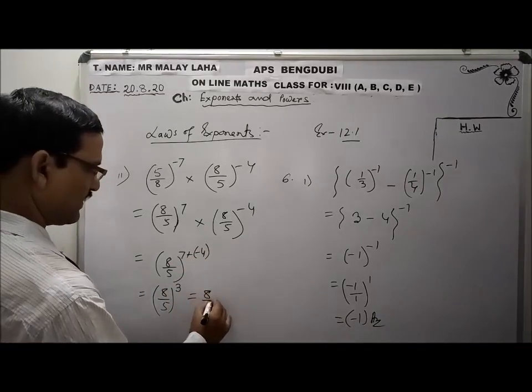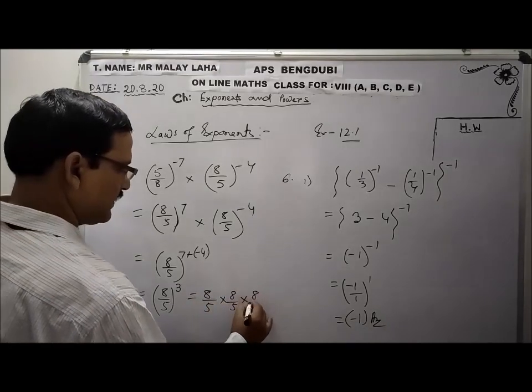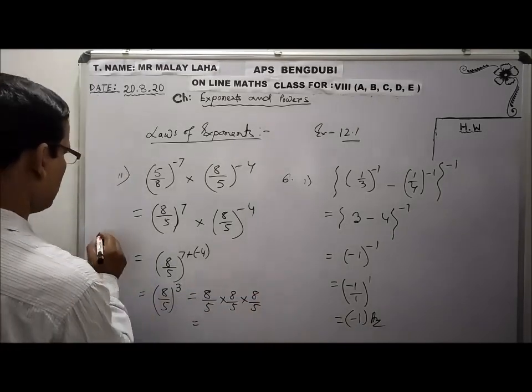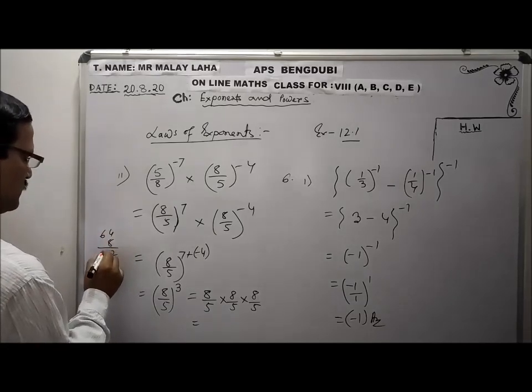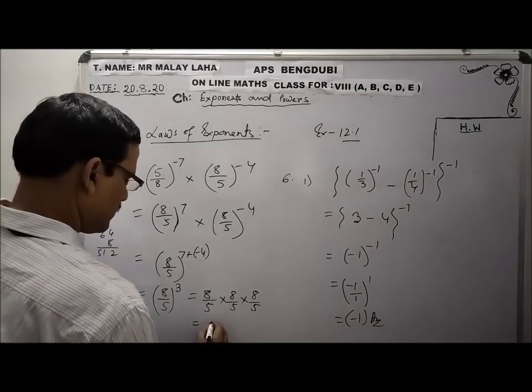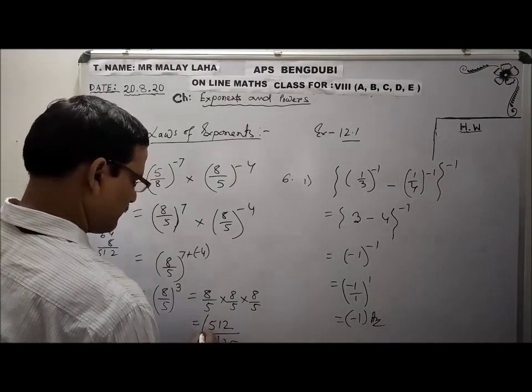So 8 by 5, 8 by 5, 8 by 5, 8 by 5. 8 8s are 64, 64 8s are 512. 512 by 625. Answer.